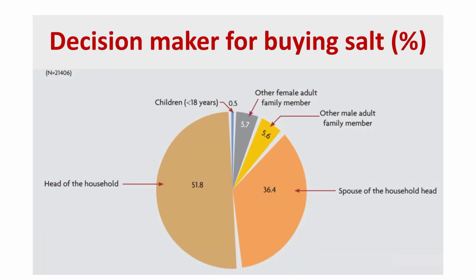Further, the decision of buying the salt lies with the head of the household, and almost half of the population has mentioned that it's the head of the household, and the second important decision maker is the spouse.